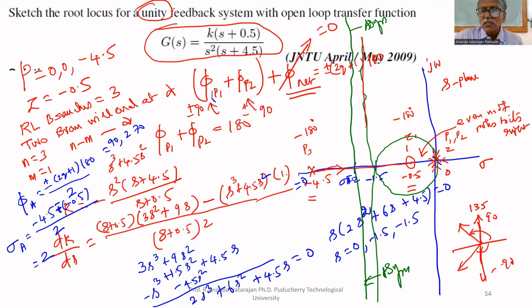This is the root locus. So here we have repeated poles at minus 1.5.